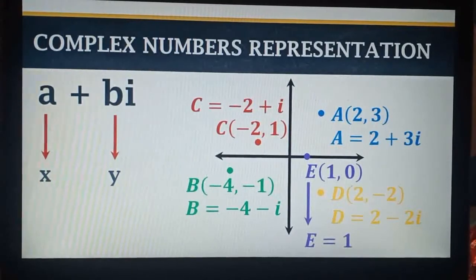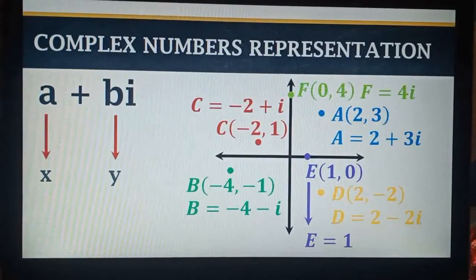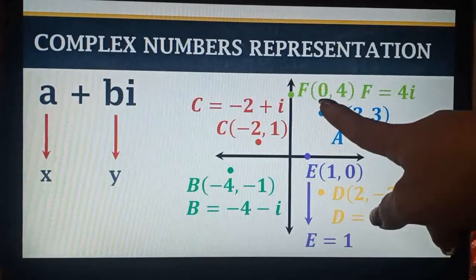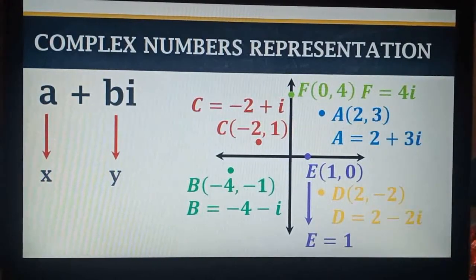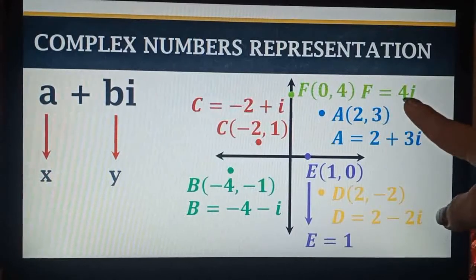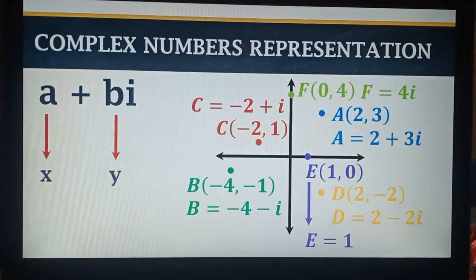Then the last point, let's say you have point F, which is 0 and 4. It can be represented as F equals 4i. Since x is 0, the real part is 0, then you have the value of the imaginary part. So your F complex is just 4i.